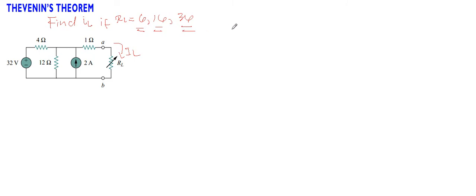As we said, in Thevenin's theorem, what you do is look for RTH and also look for VTH. And also, here is your RL.